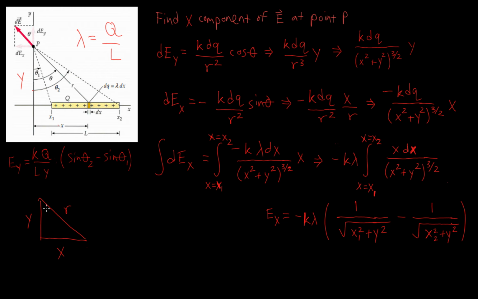And the angle right here is just theta. And so r is just equal to the square root of the sum of the squares of both of these sides.